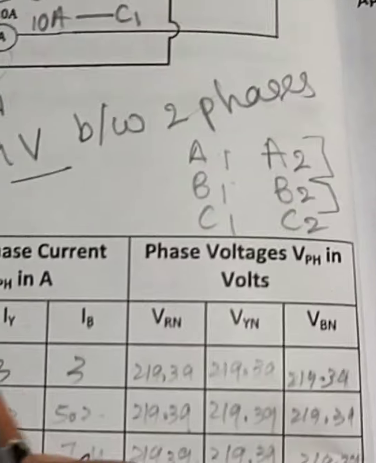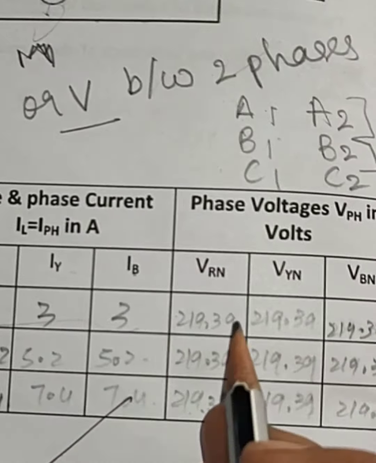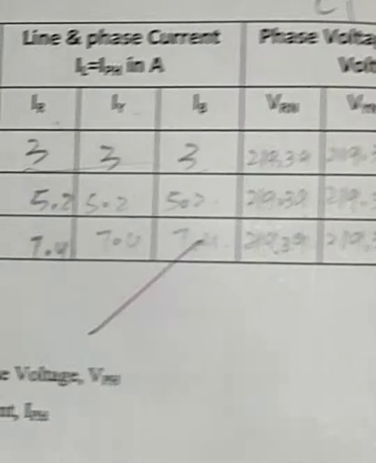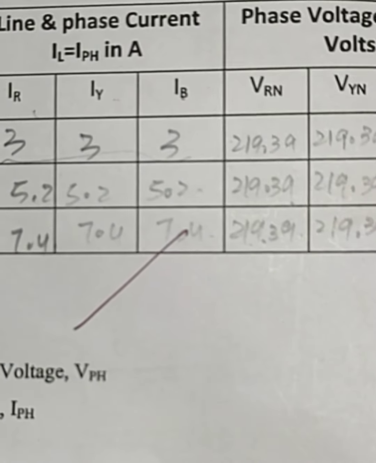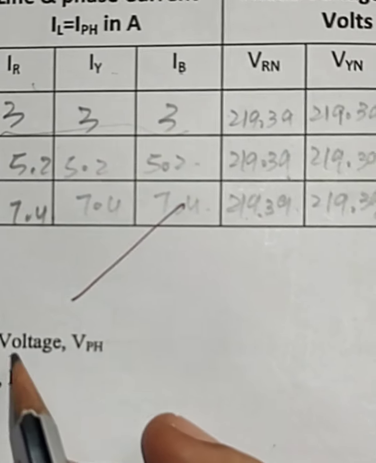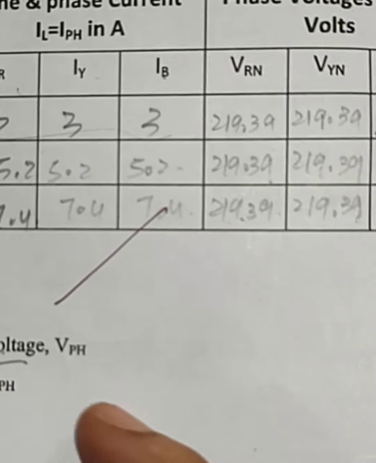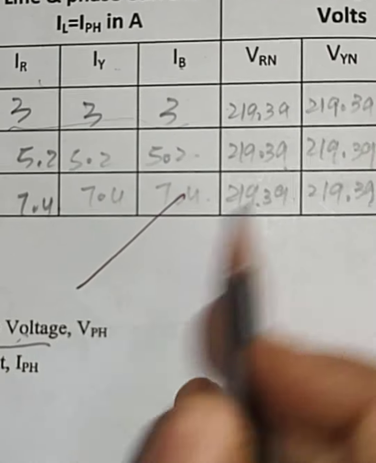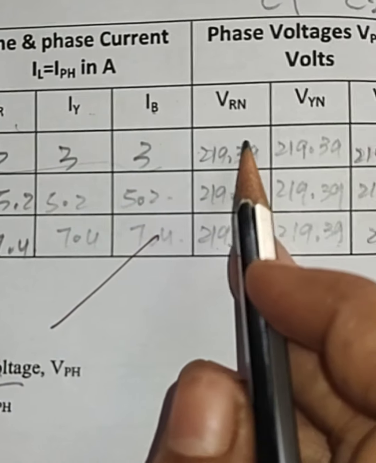We will take the readings of these. Next we will calculate VRN using the formula VL is equal to √3 into phase voltage. Now we know the line voltage and we should find the phase voltage. So VL divided by √3 is the phase voltage.